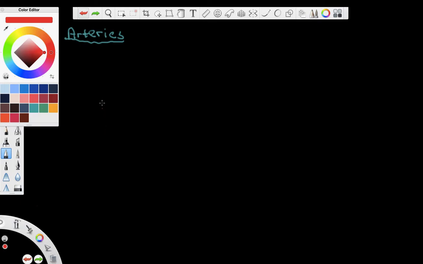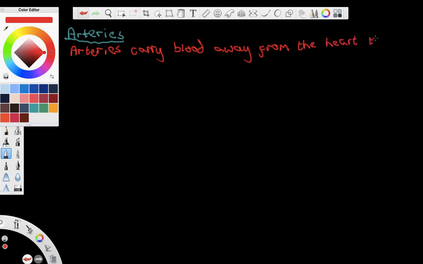So, I'm going to put it in red because it's important that arteries carry blood away from the heart to capillary beds. Okay? So they carry blood away from the heart to capillary beds.